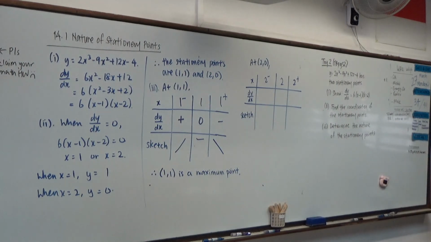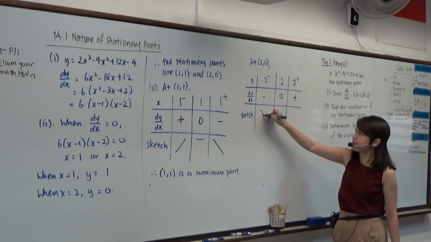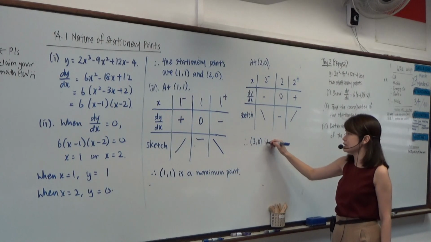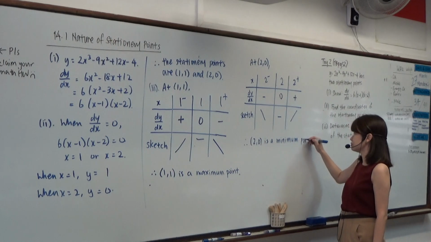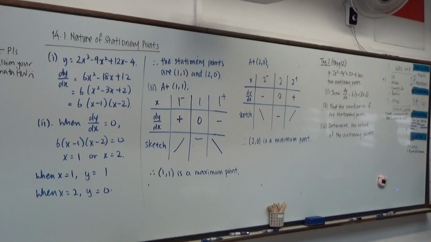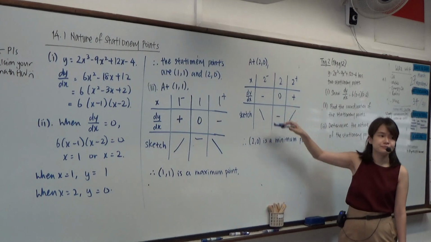And then we find that this will be negative, this will be positive, and we can conclude that 2, 0 is a minimum point. Questions? So like that is a minimum point.